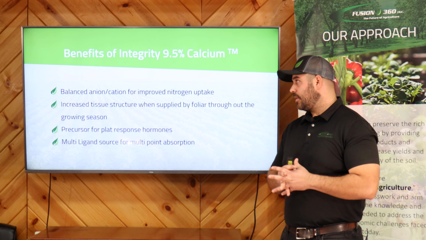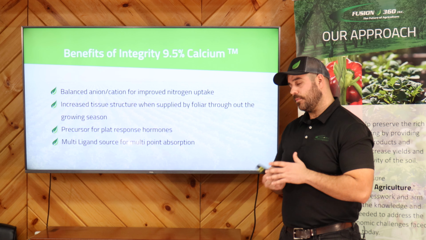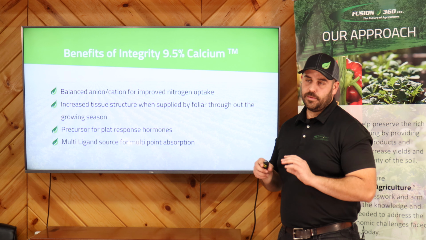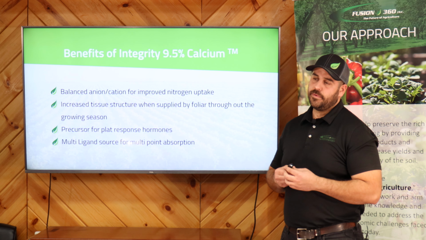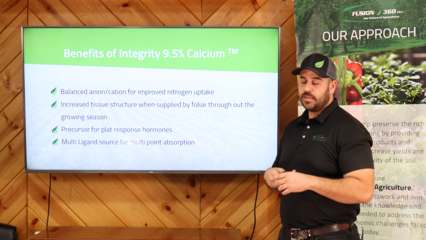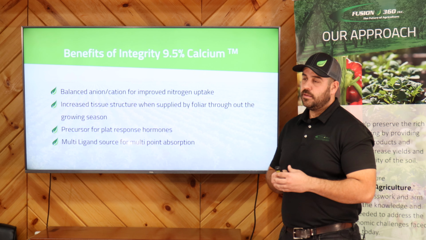It's also important so you can balance your anion and cation for improved nitrogen uptake. So, preventing a nitrogen dominant plant, you want to make sure you have proper calcium in the tissue. Typically when you have a nitrogen dominant plant and not enough calcium, you're going to end up with diseases or more opportunity for pathogens to occur.